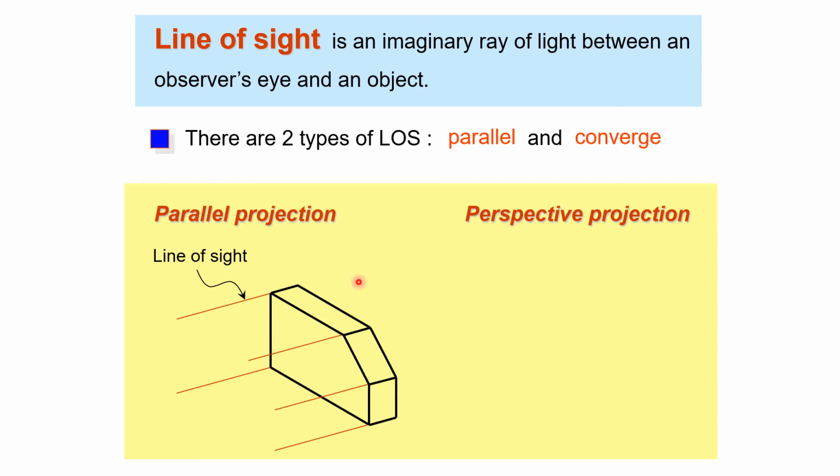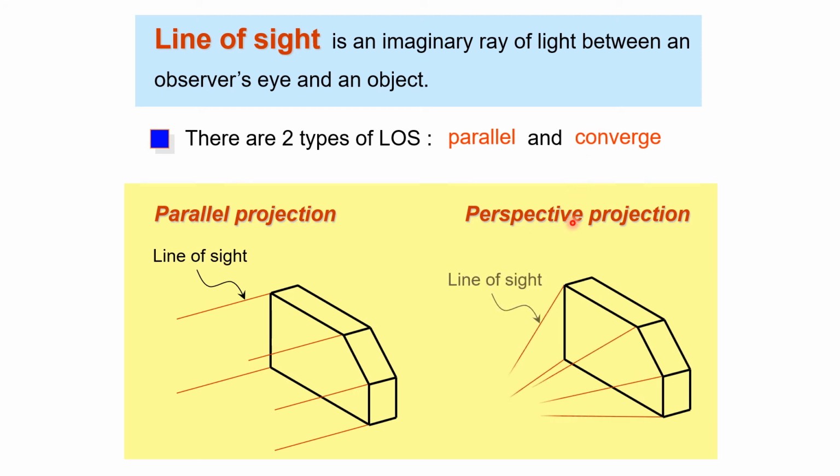The second one is perspective projection, also called converging. If the person is standing near the object and watching it, then this will form, and if the person is standing far beyond the object, then these lines will be parallel. This is also line of sight. Here all the lines are converging at a point, here all the lines are parallel.